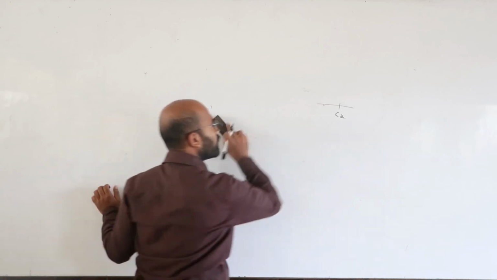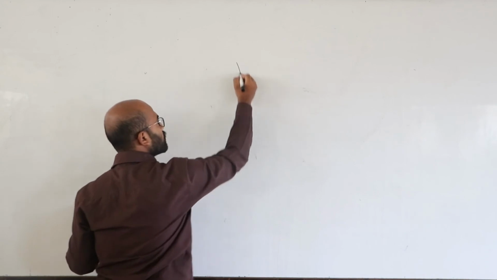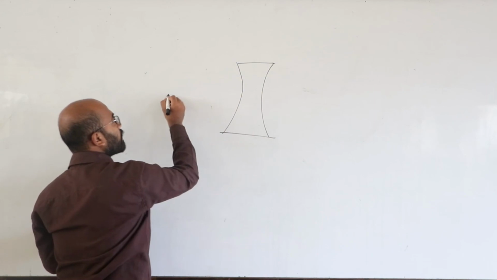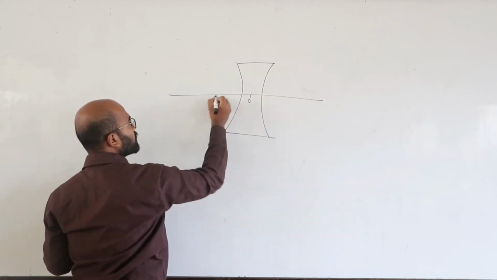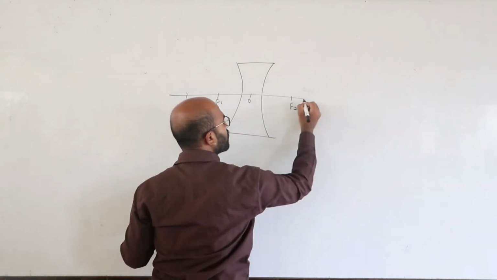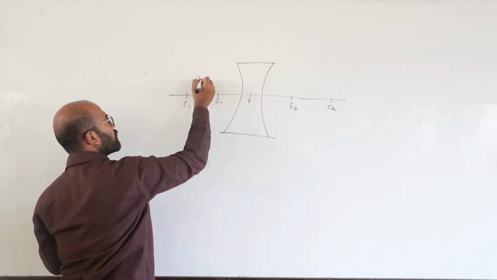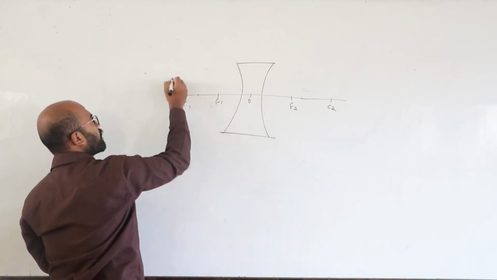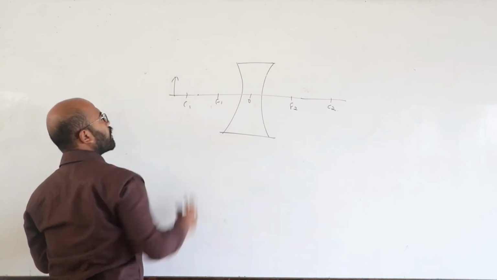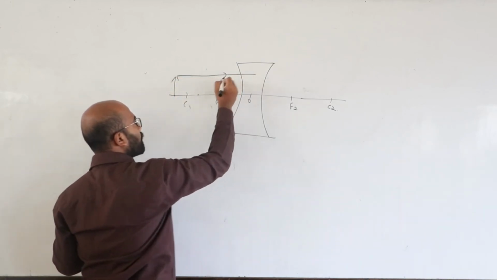Next, for any distance, you can take any finite distance. Optic center, F1, C1, F2, C2. Let me take somewhere here, behind the center of curvature, or it can be any finite distance. First, the ray parallel to the principal axis.